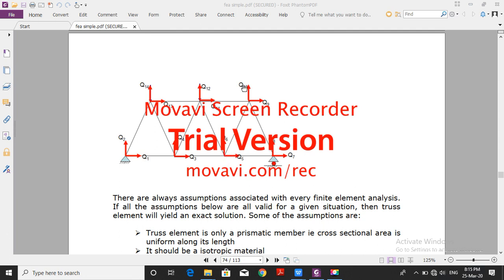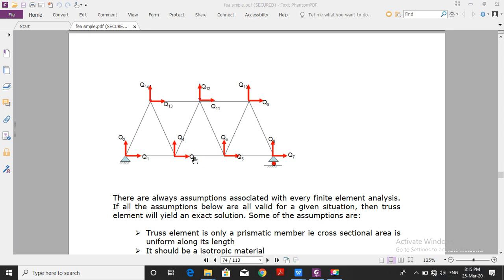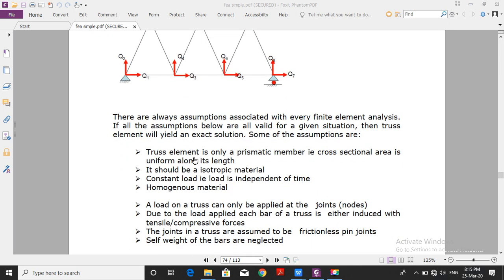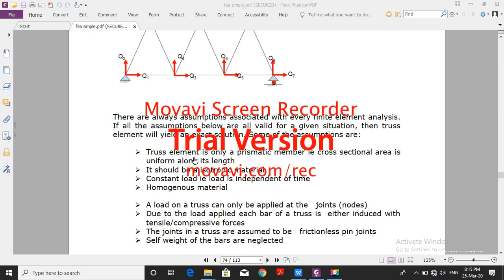Likewise, we can see for each and every node there are two components of displacement. There are always some assumptions with every finite element analysis, so there are some assumptions we will also see about the stresses.